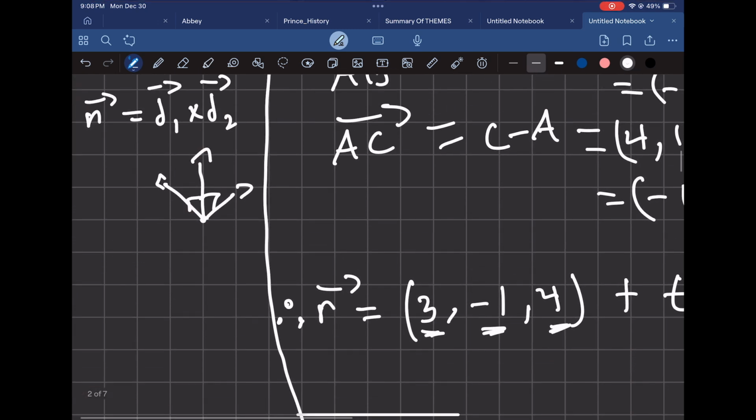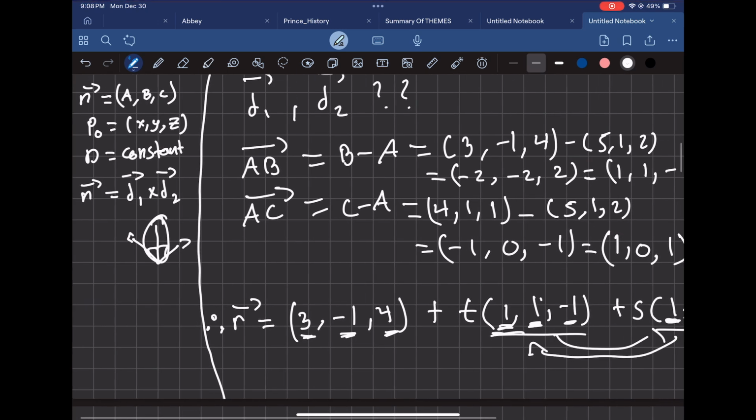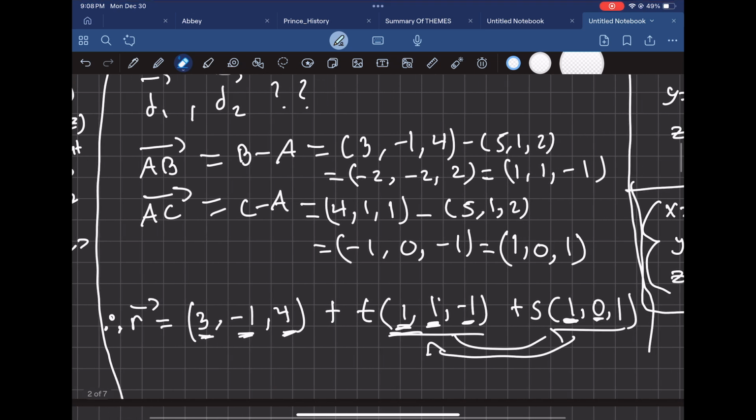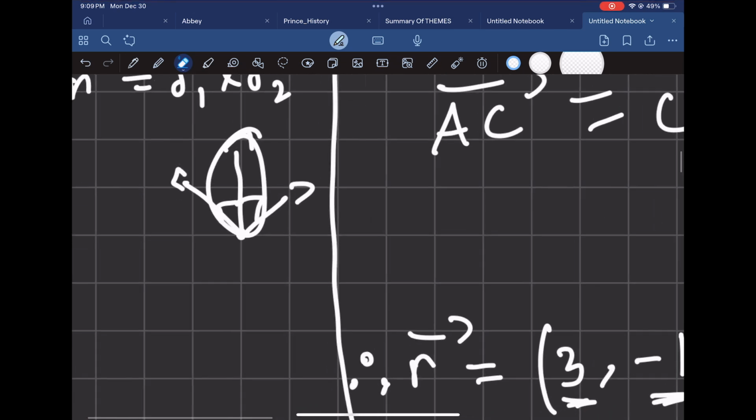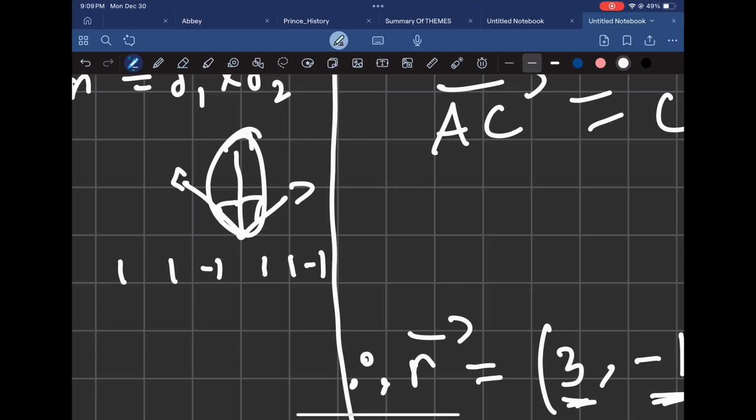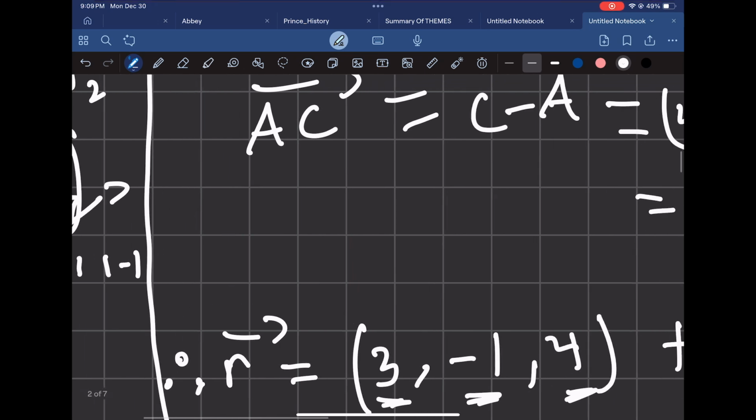To cross them, we know that our first direction vector is 1, 1, -1. Anytime you want to cross two vectors together, simply write the direction vector twice. So 1, 1, -1, 1, 1, -1. It'll make sense in a second.